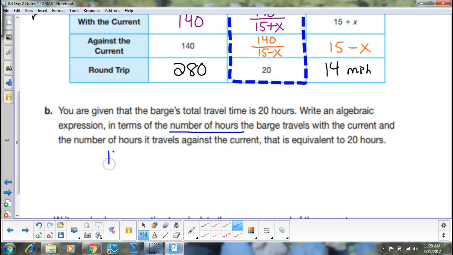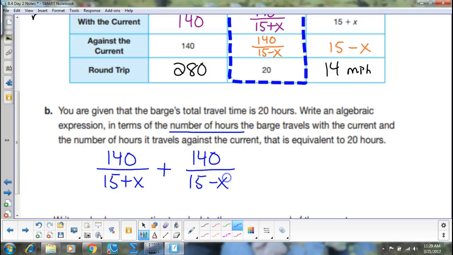Well, that's going to be 140 divided by 15 plus x plus the time it takes to get back. 140 divided by 15 minus x. That is the same as 20 hours, because that's the time it took me. This is the time it took me here to get there. This is the time it took me to come back.